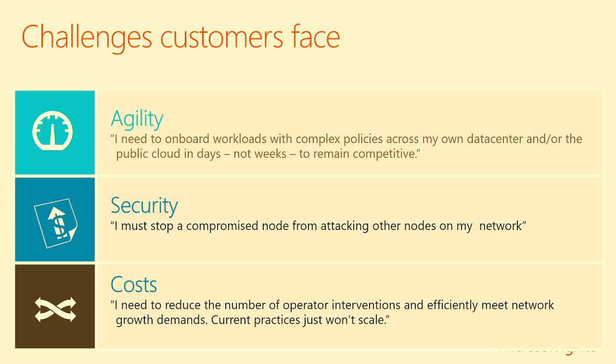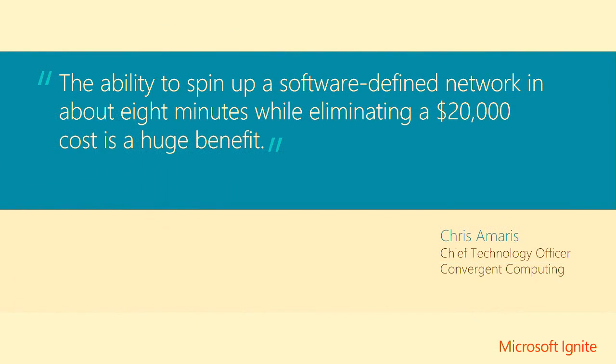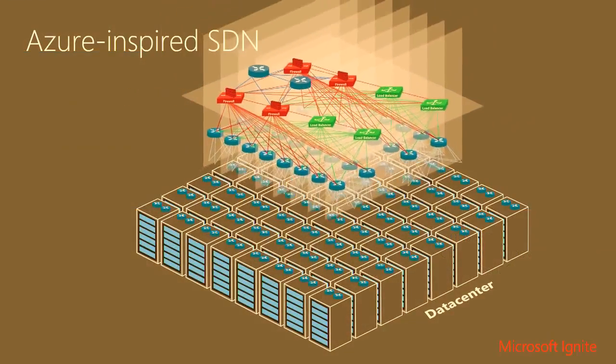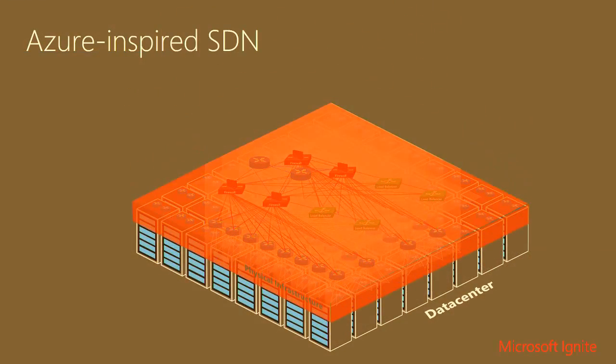Right from the Server 2016 early release, we worked with a lot of customers, and this is one of the customers saying how he was able to use Server 2016 SDN features and deploy his apps quickly, saving him a lot of money. So how are all these things possible? What we are trying to do is create virtual networks on top of your existing physical infrastructure without modifying it.